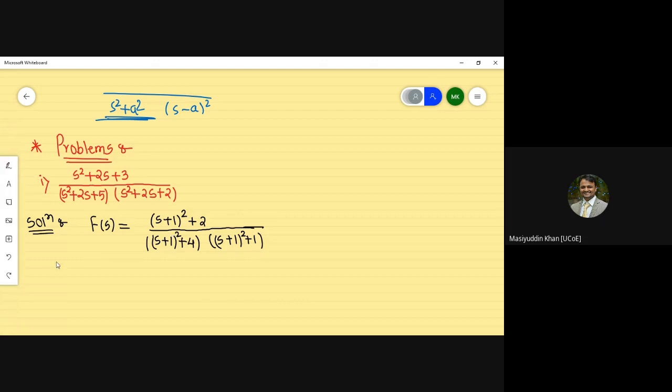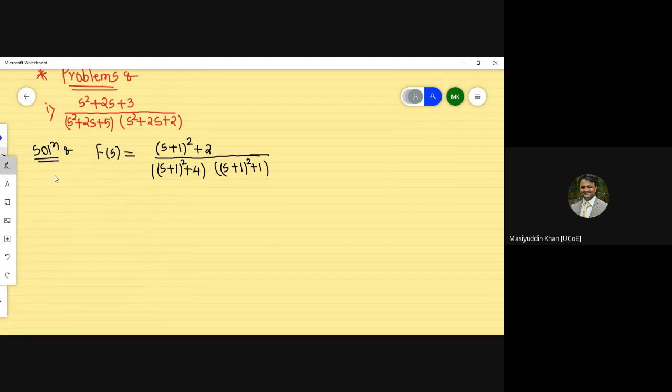So just see to it that Laplace inverse of f of s will become e raised to minus t. Why minus?